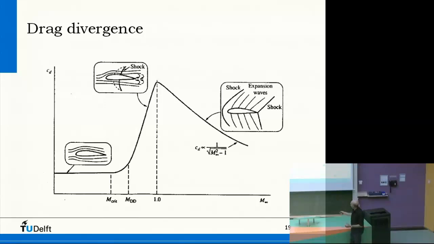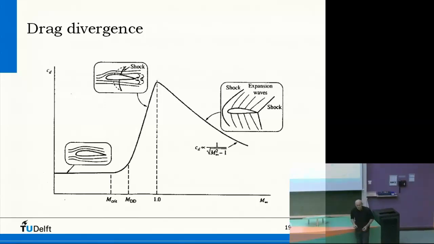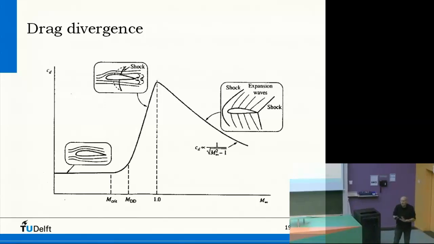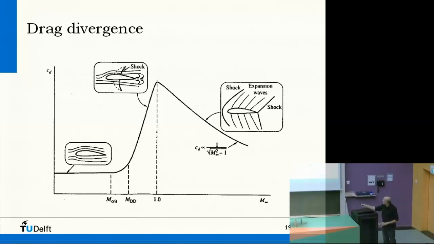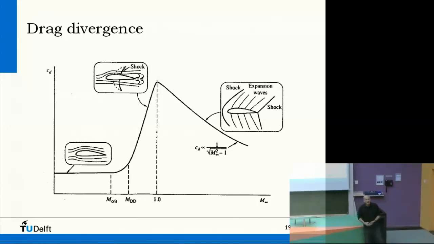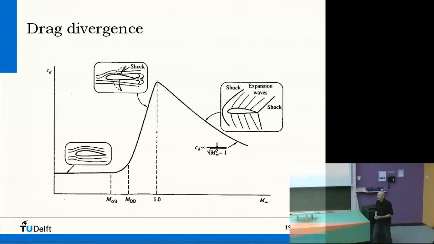So this pressure increase is causing separation. Pressure increase means that the molecules that would like to flow along the contour are pushed back. Right? So it separates. And the separated boundary layer is giving you very high drag. So that's why it's drag divergence.